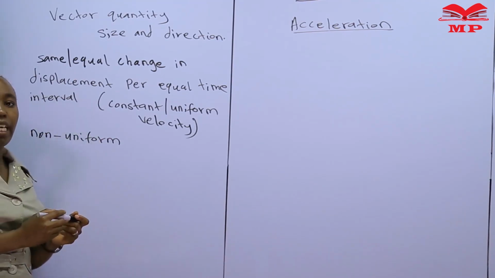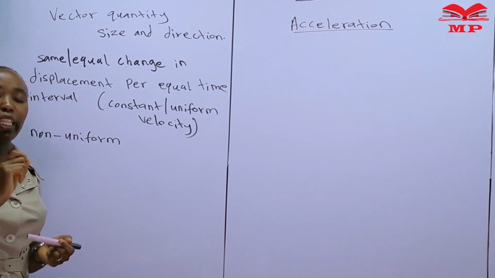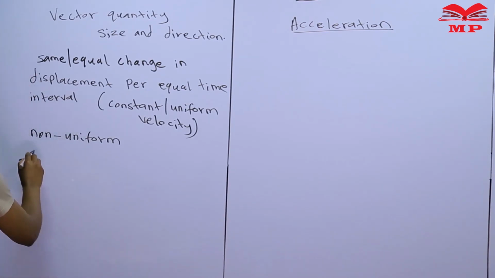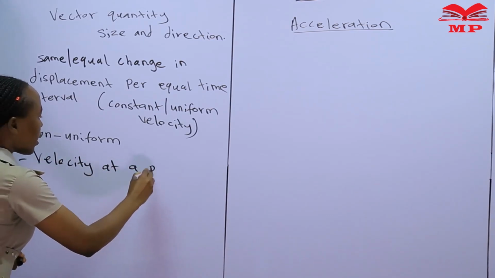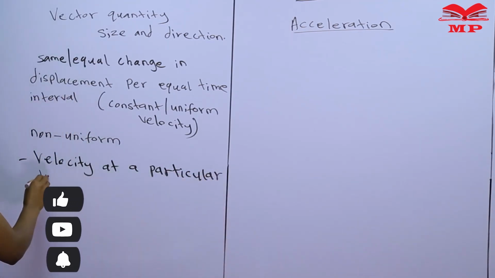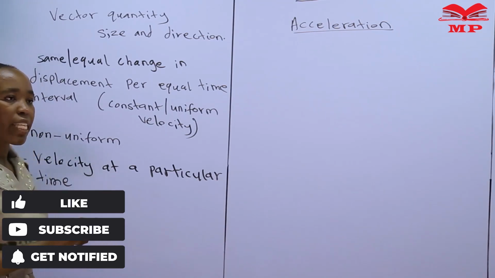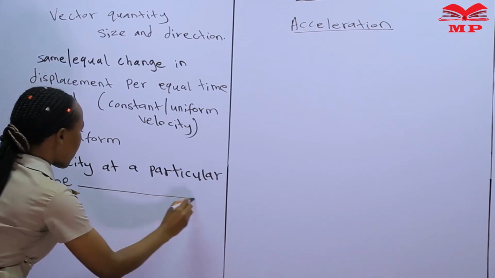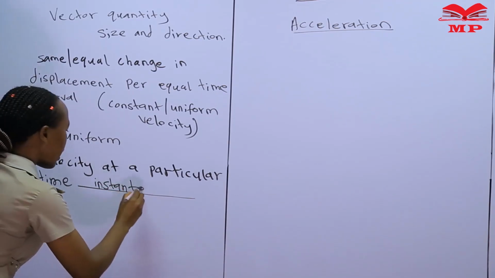We also need to know that velocity at a particular time is referred to as instantaneous velocity.